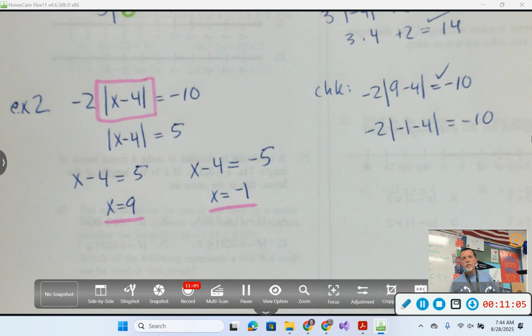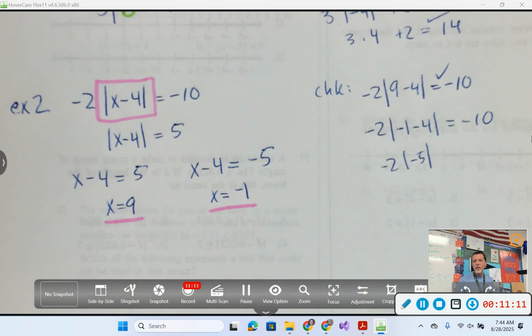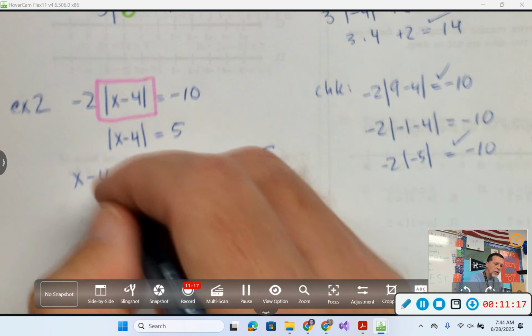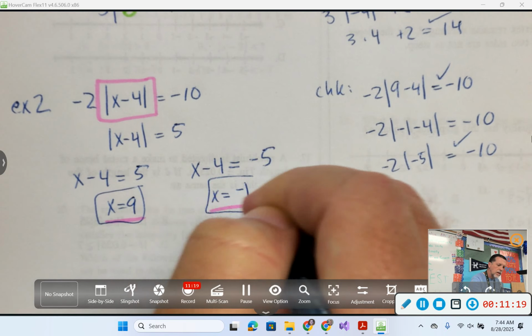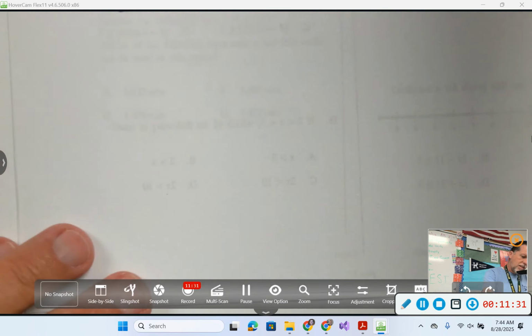This is the one that throws people off. Negative 1 minus 4 is negative 5. What is the absolute value of negative 5? 5. Negative 2 times 5 is negative 10, so that one works as well. Isolate and then split it up.